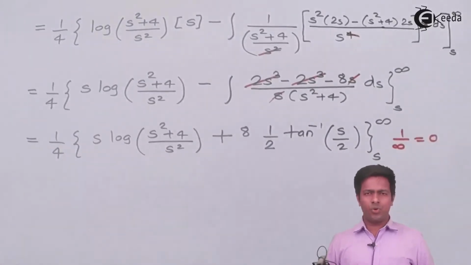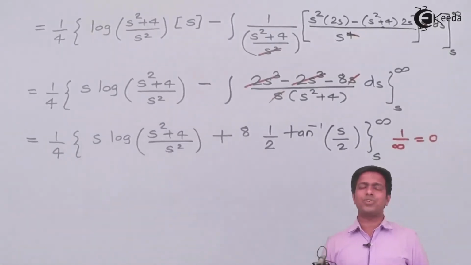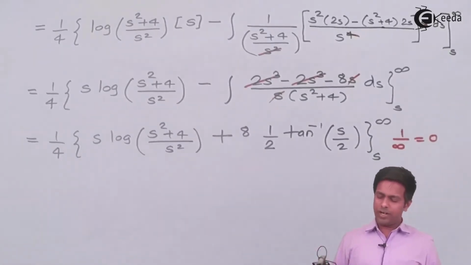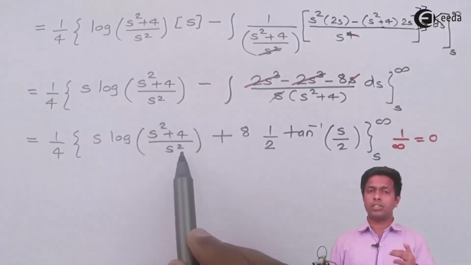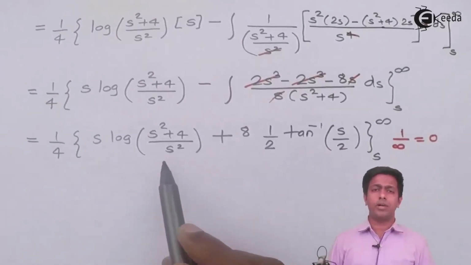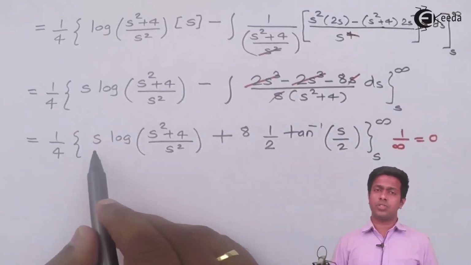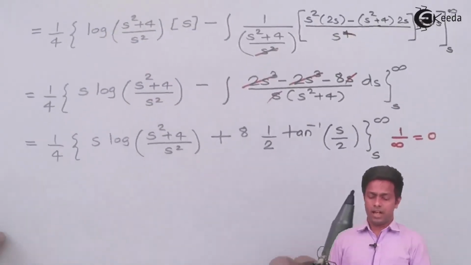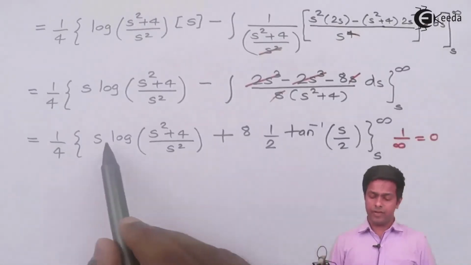So that is true for this bracket, but what about the s which is present outside? If I do this process with the bracket, that's fine, because there I have numerator and denominator, but I cannot do that division process with that s which is outside, and that is why here outside we will get the answer as infinity.